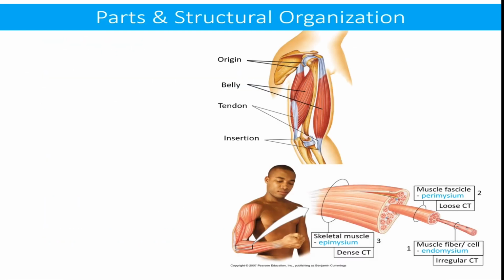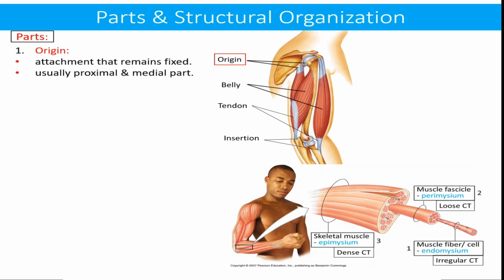Parts and structural organization of the skeletal muscles. First, the parts. A typical skeletal muscle has got four parts. Number one is origin. Origin is that part of the muscle which remains fixed during any movement.